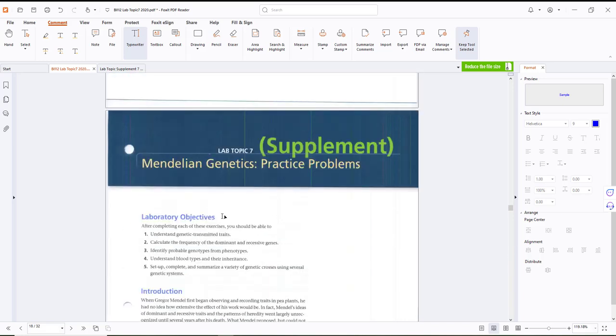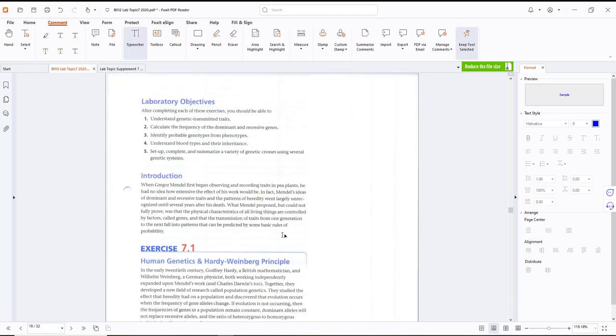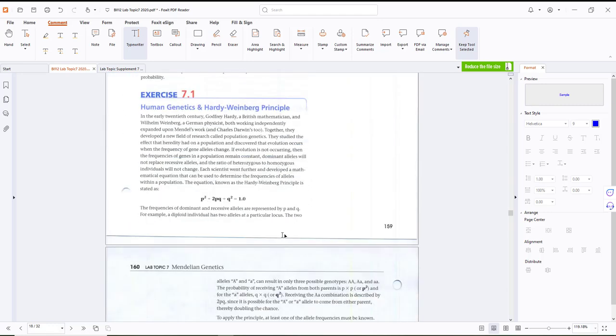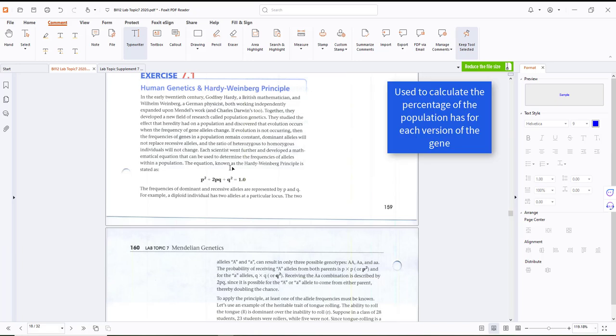So now we're going to get into the Mendelian supplement. Okay, so we're going to get into something called the Hardy-Weinberg principle. With the Hardy-Weinberg principle, we can take population genetics and predict the outcome of a population, the frequency of alleles within a population.